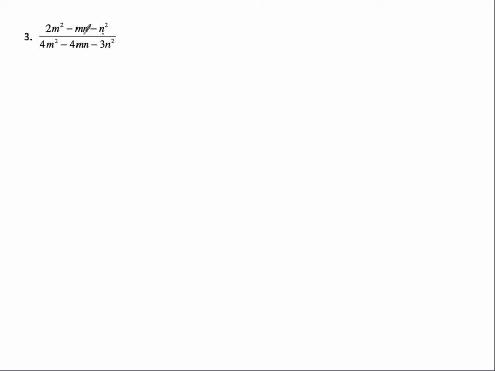Next example, we do the same thing, we factorize it, but it's a bit more challenging. It's going to be a lot of steps, so on the side I'm going to factorize the numerator and the denominator, then substitute it back in here. So this is a quadratic, and we can look for 2 numbers that multiply to give negative 2 and add to give negative 1, because there's a negative 1 right there.